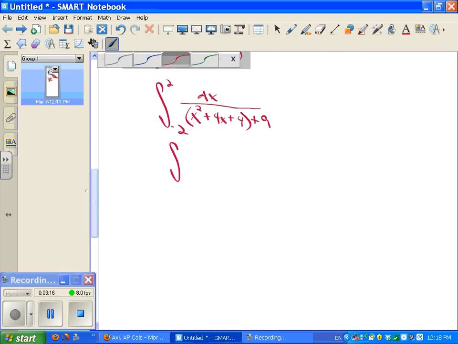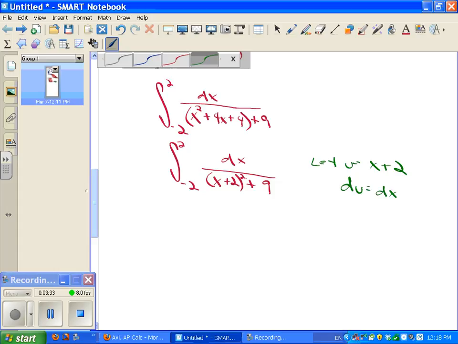So I'm going to have the integral from negative 2 to 2, dx in the top. This is going to be an x plus 2 squared plus 9. Now I'm going to let u equal that x plus 2, which means du is going to be dx.